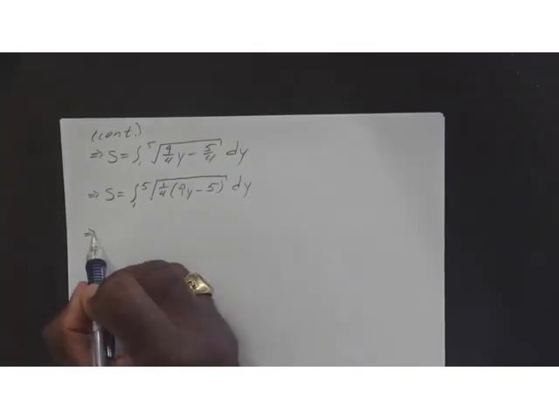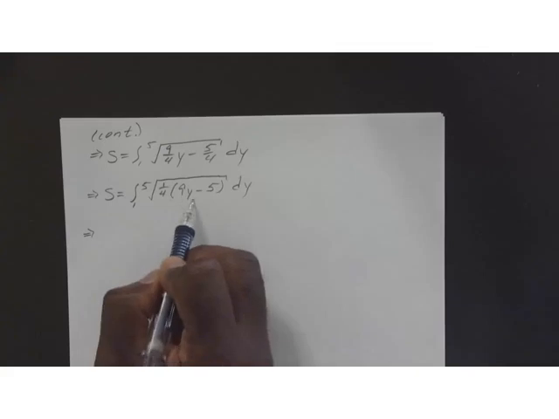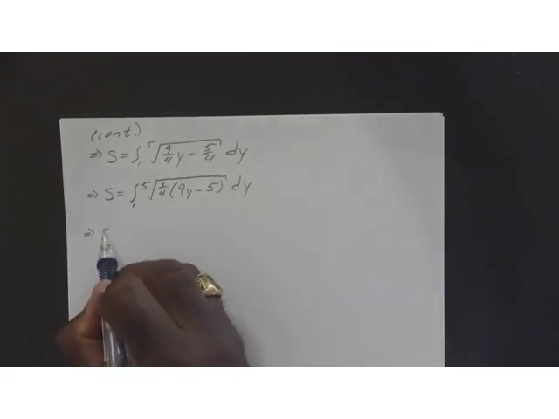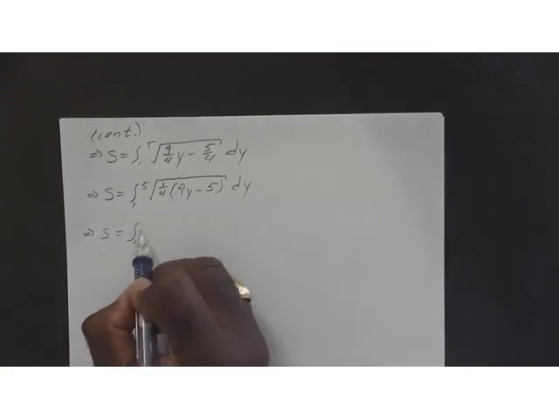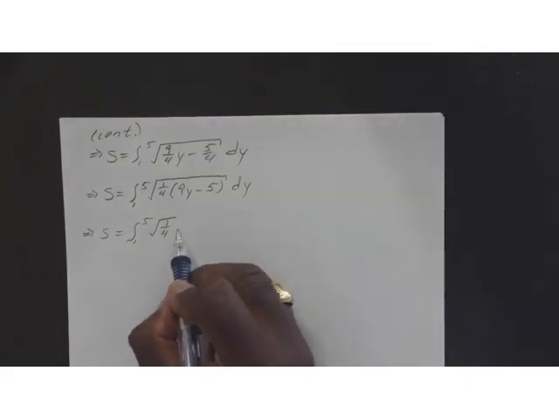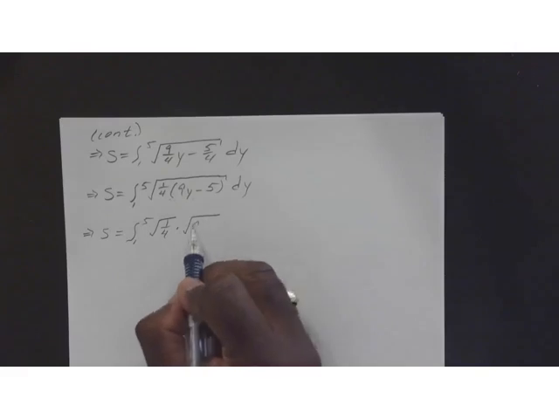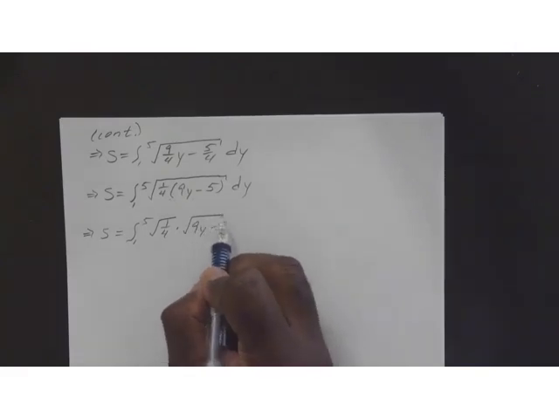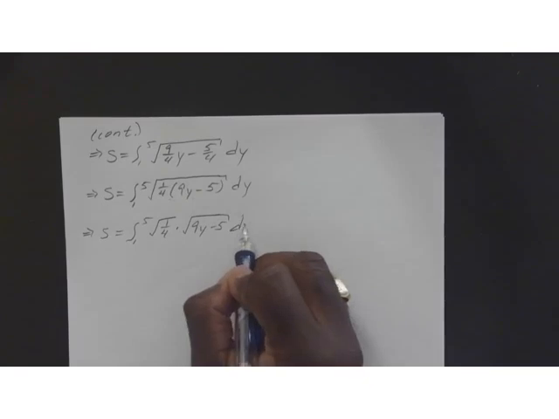Okay, so just like before, you have two factors as your radicand, you can separate them. So the integral from 1 to 5 of the square root of 1/4 times the square root of 9y minus 5 with respect to y.